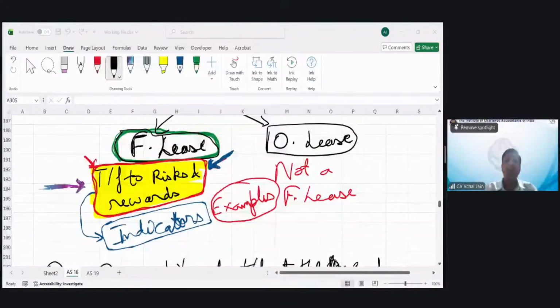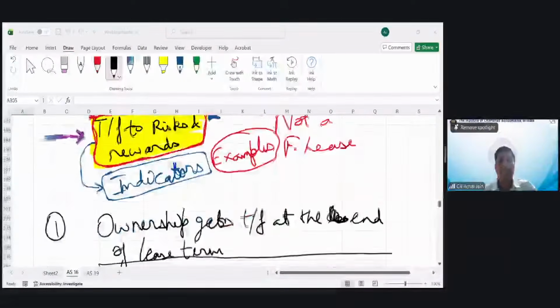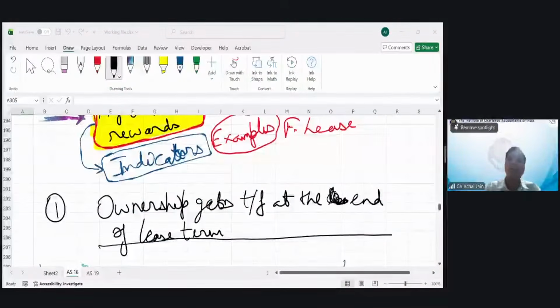Now, as regards your question, how to write the provision. See, the provision is, for example, an indicator. Let's suppose it's a situation wherein the ownership is getting transferred at the end of the lease term. You'll have to explain that this is what the accounting standard requires as an indicator. This is an indicator of transfer of substantial risk and reward, basis which we are making the conclusion it's a finance lease. That's how you'll have to present it.